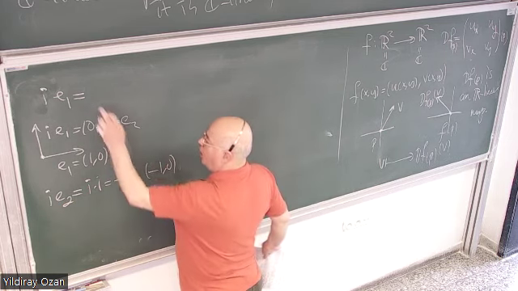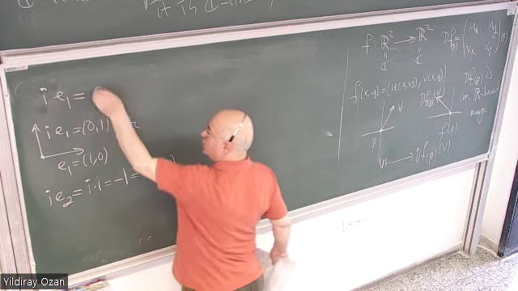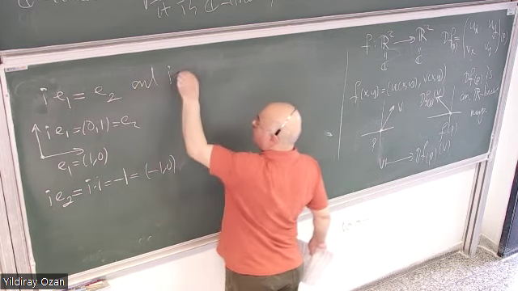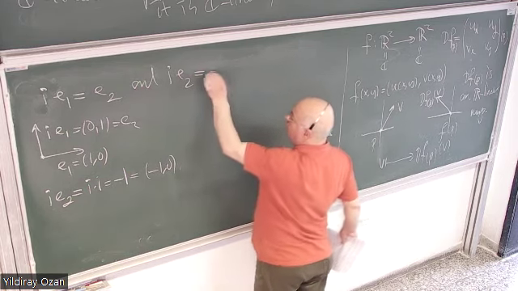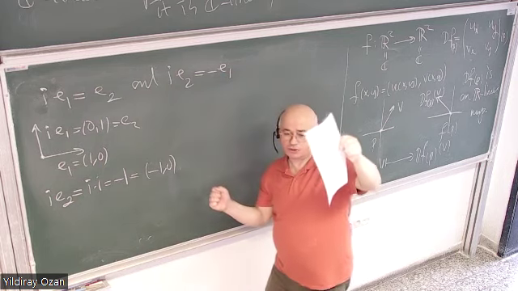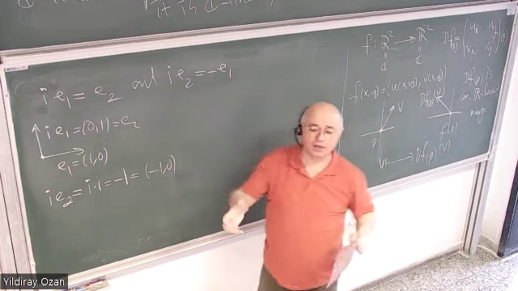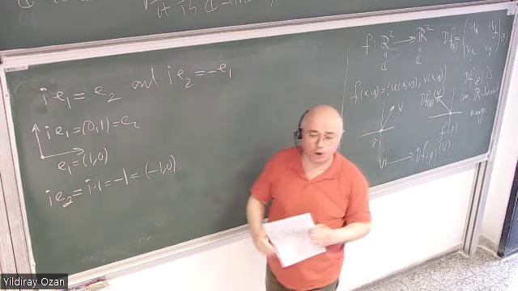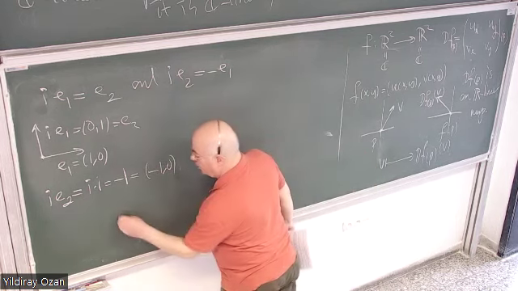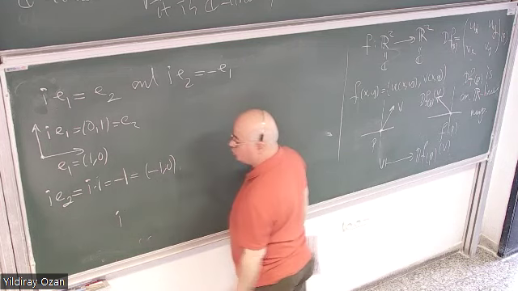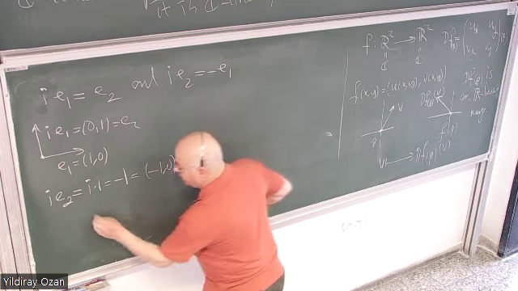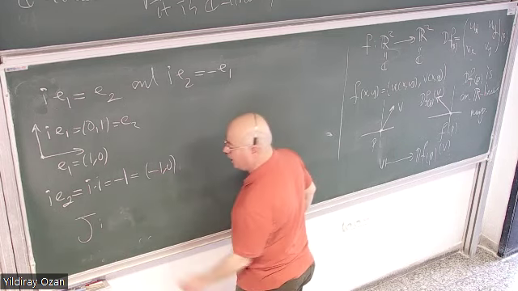So i times e1 is just e2, and i times e2 is just minus e1. So multiplying by i just rotates the plane 90 degrees counterclockwise. In this basis, e1, e2, multiplication by i, let's call it J.